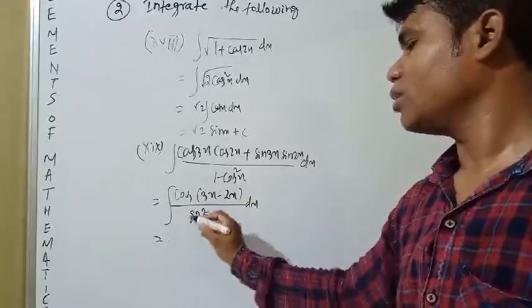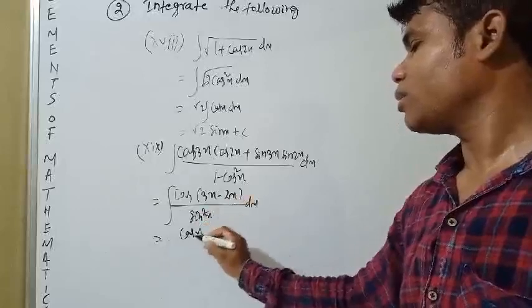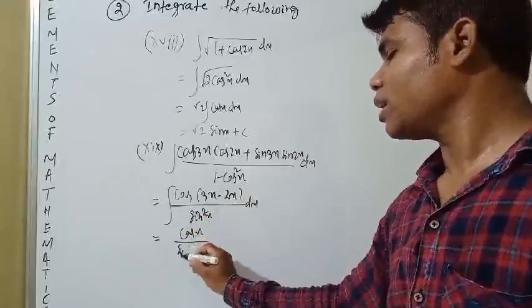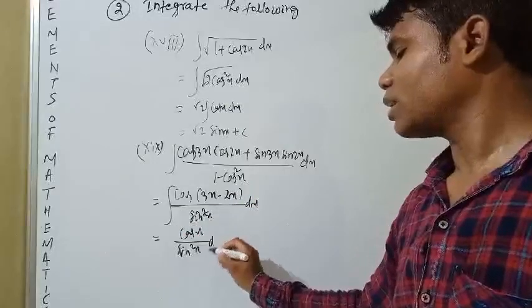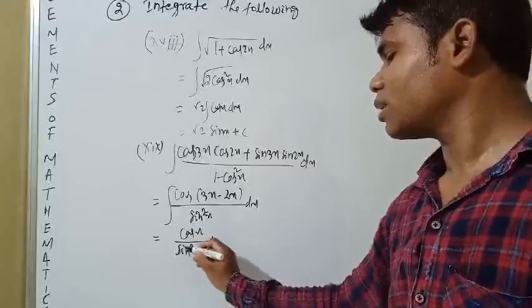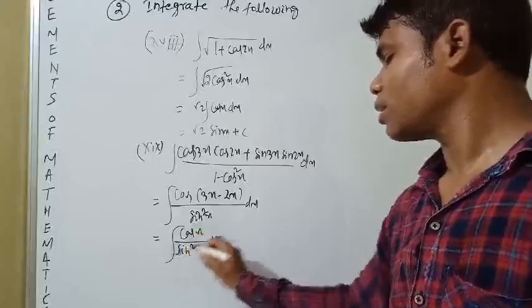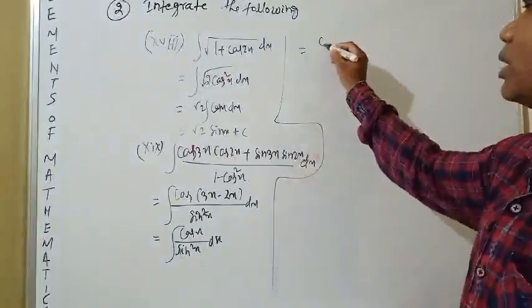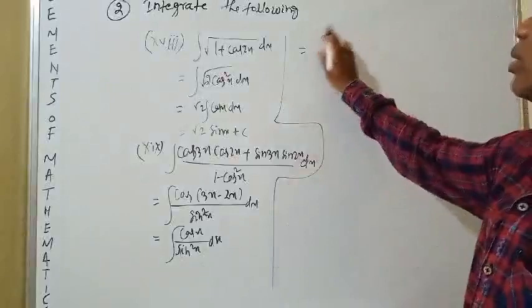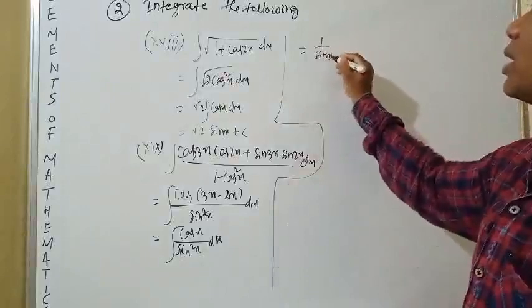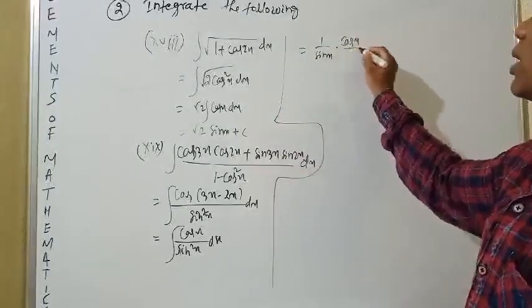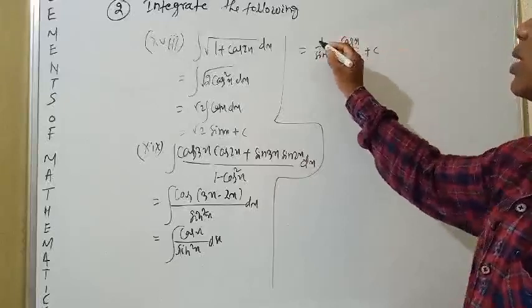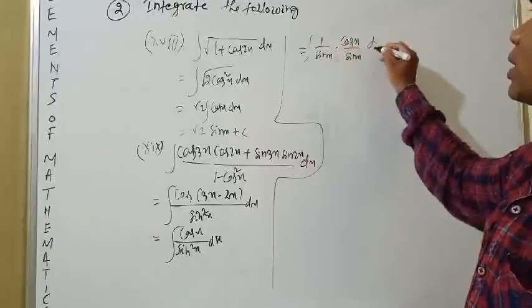You see 3x minus 2x, that is x, cos x by sin square x dx, is equal to 1 by sin x into cos x by sin x dx.